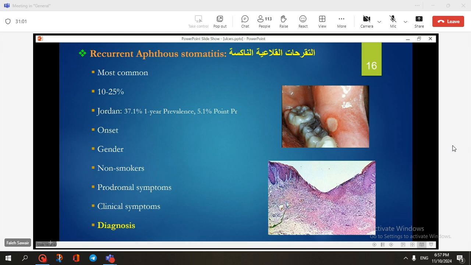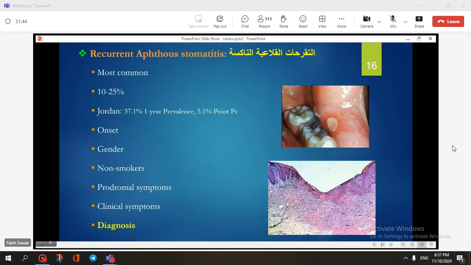But the ulcer is present usually for 1 to 2 weeks, and it will heal by itself, so the pain disappears. Sometimes patients have difficulty eating because of the pain, and during intake of food the severity may increase because of, for example, stimulants or spices in the food. So it will increase the pain.